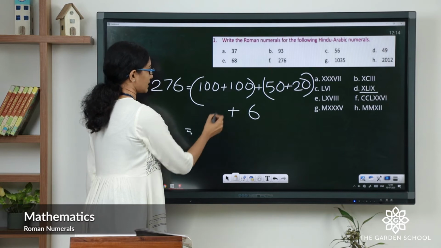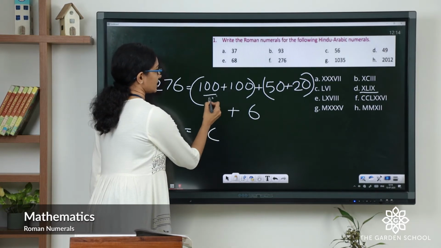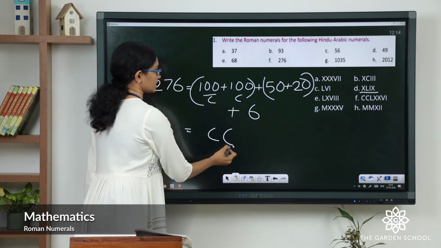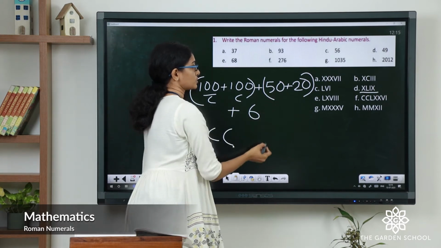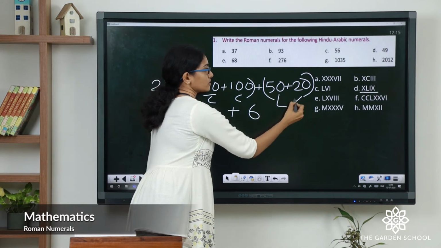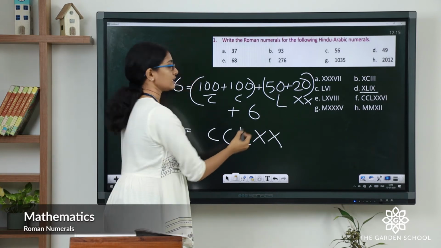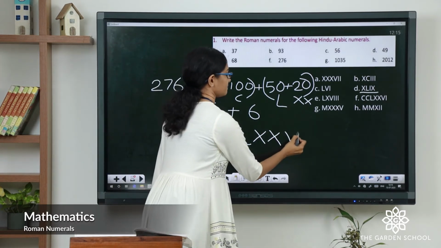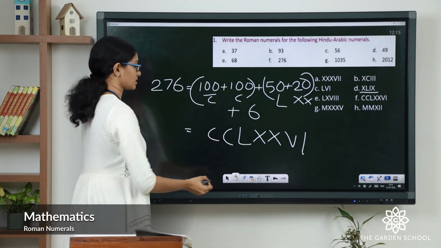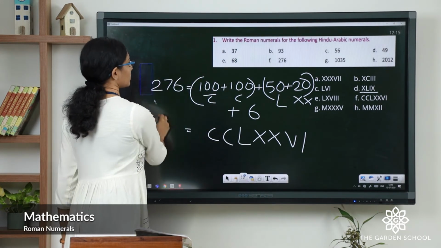So it's CC, then 50 plus 20: L, X, X. Then the symbol for 6. Understood? So that's the answer for that one.